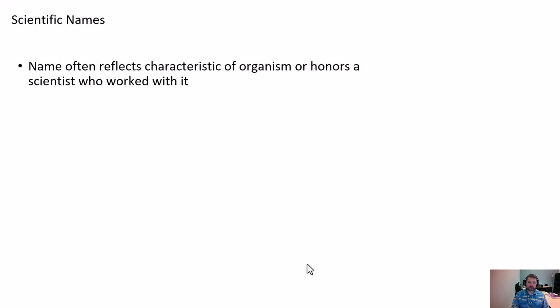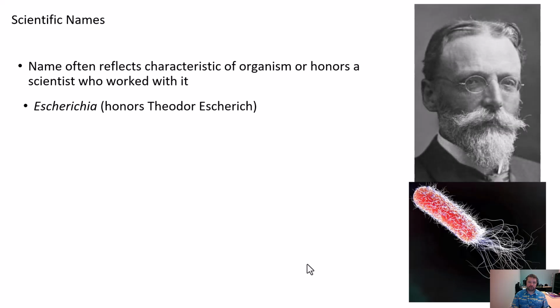Okay? A couple other things about the naming process and the names of organisms. Normally the name honors or reflects some characteristic of the organism. For example, E. coli honors Theodore Escherich, the individual who is credited with finding the species or genus, and it's not kosher for individuals who find it to name it after themselves. Someone else has to name it after you.